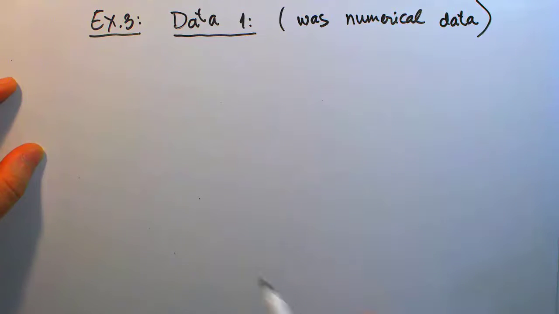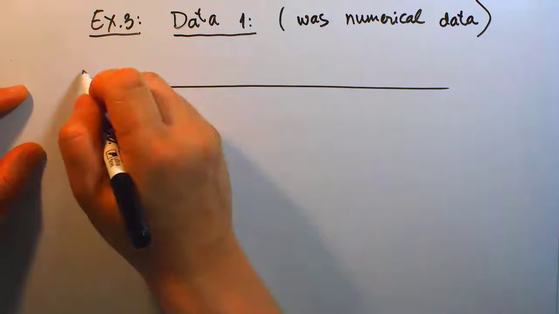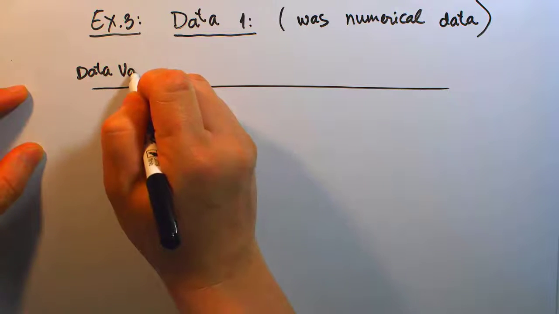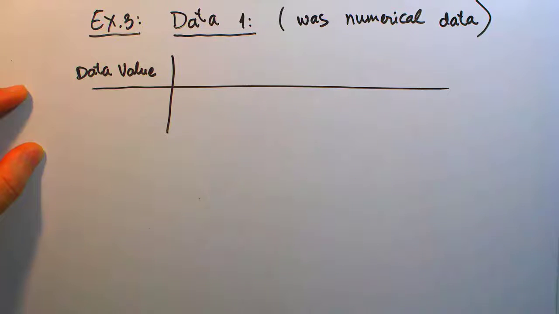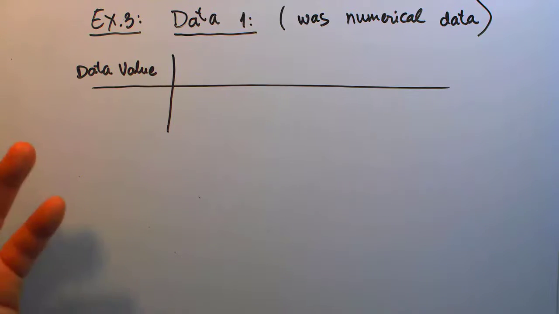But here's the thing. I am going to construct a table with the data value. Pretend that this is the first time ever we look at data 1, or that we have to try to remember what was in data 1.